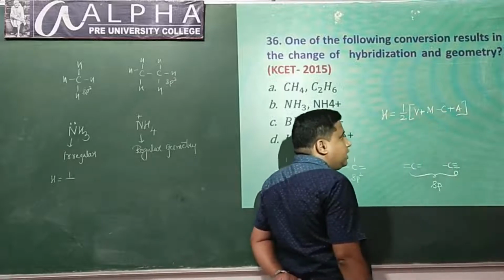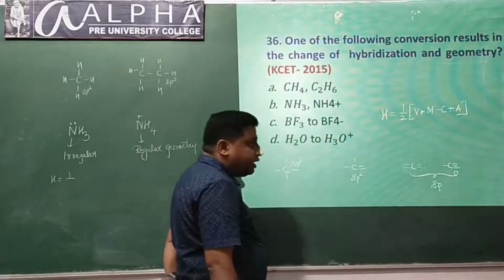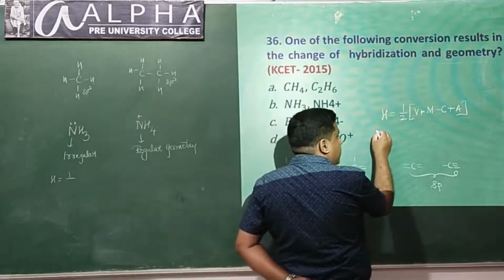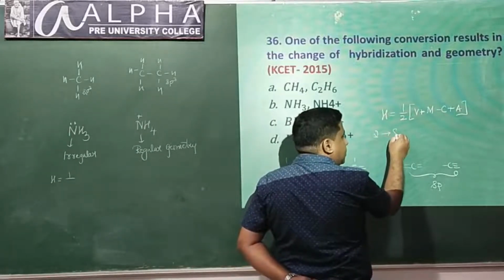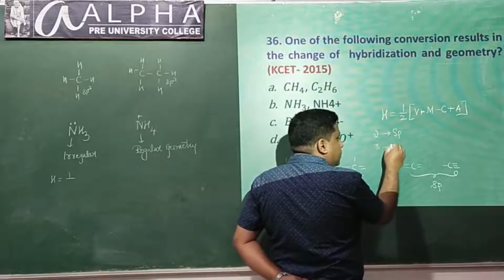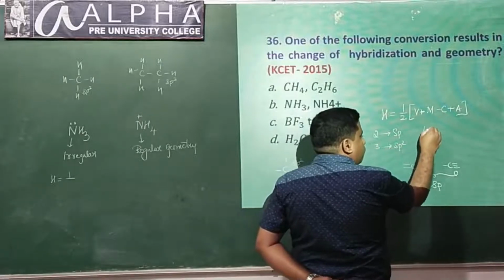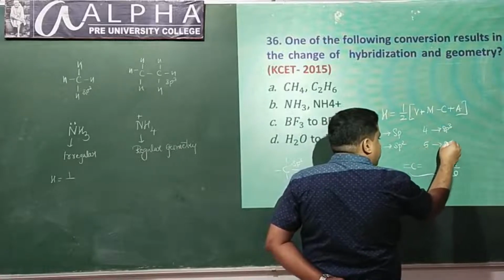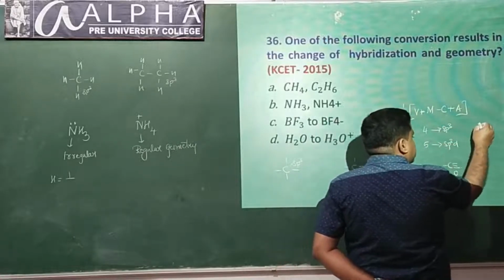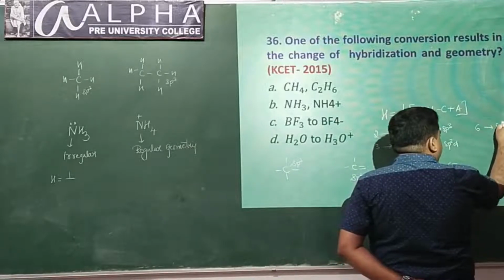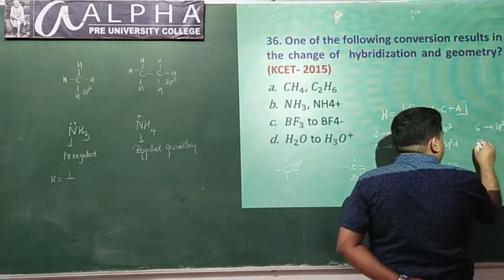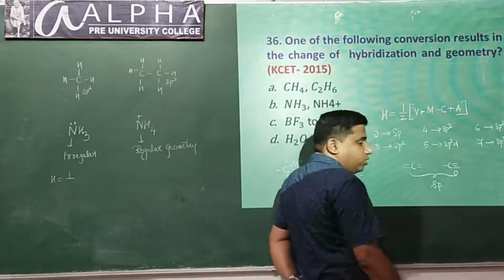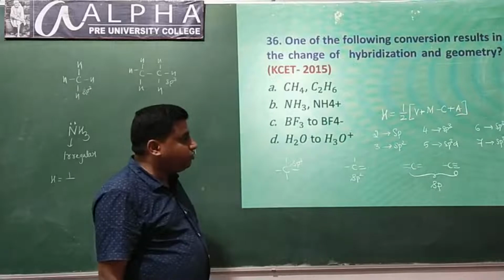A means total negative charge. If the value comes out to be 2, the hybridization is sp. For 3, sp2. For 4, sp3. For 5, sp3d. For 6, sp3d2. And 7 means sp3d3 hybridization.